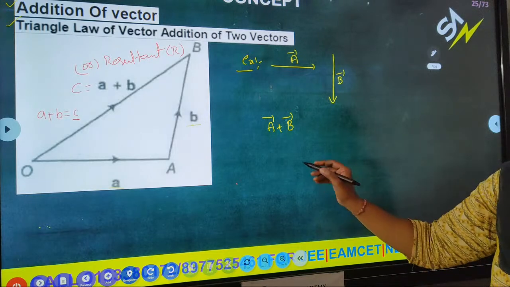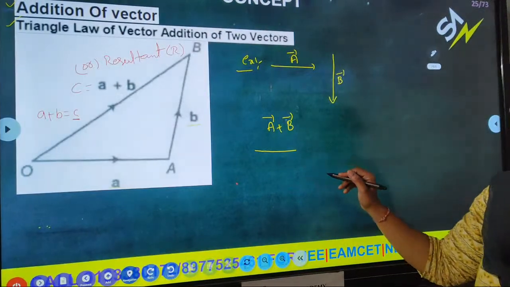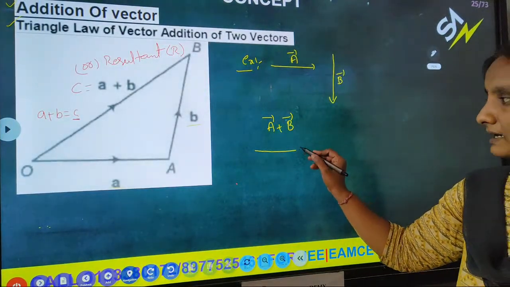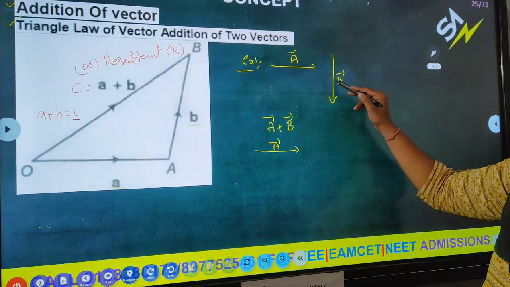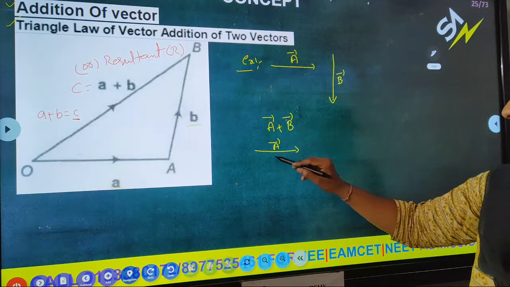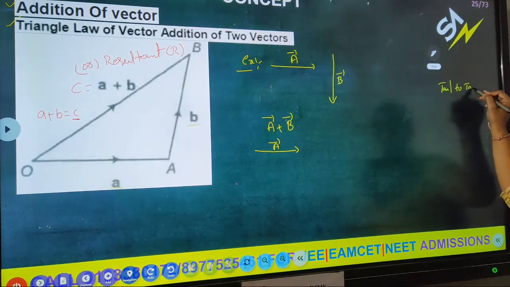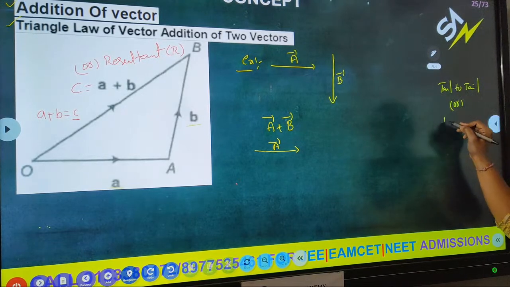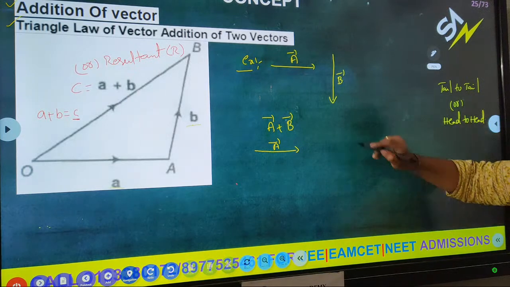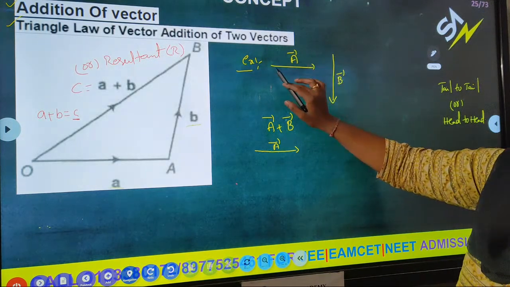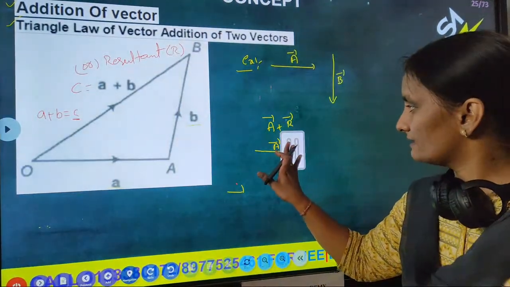So we know while connecting the vectors we have to follow the tail to tail or head to head method. So to find A bar plus B bar, let us take A bar and connect this vector following tail to tail or head to head. Let me draw the vector A down.